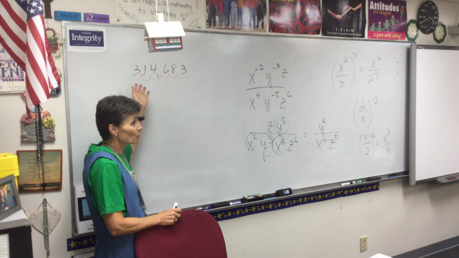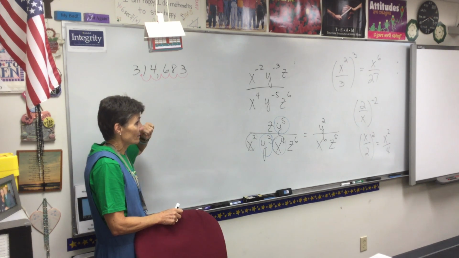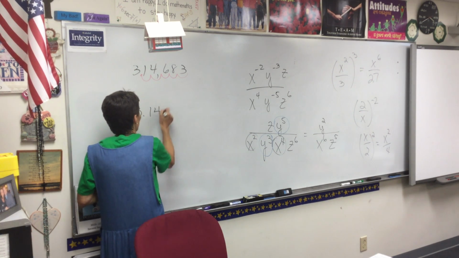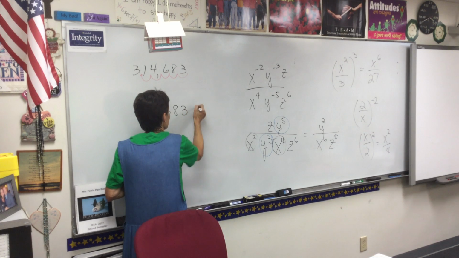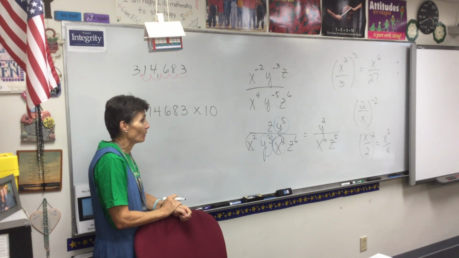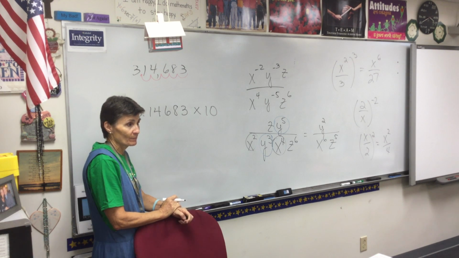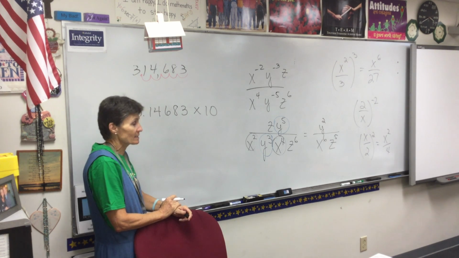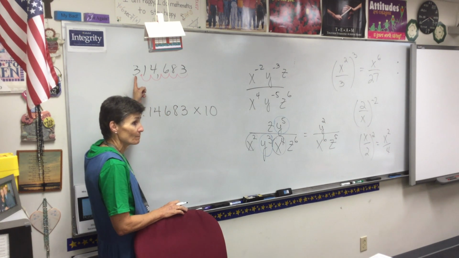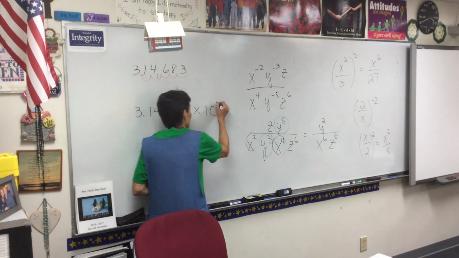Our number has to be between 1 and 10. So 3.14683 times 10 to the, now how do I figure out what exponent I put on there? Count how many decimal places I moved. So I went 1, 2, 3, 4, 5. So I'm going to put a 5 here.